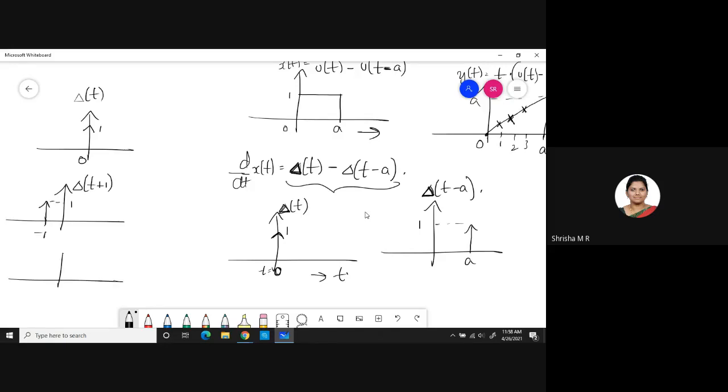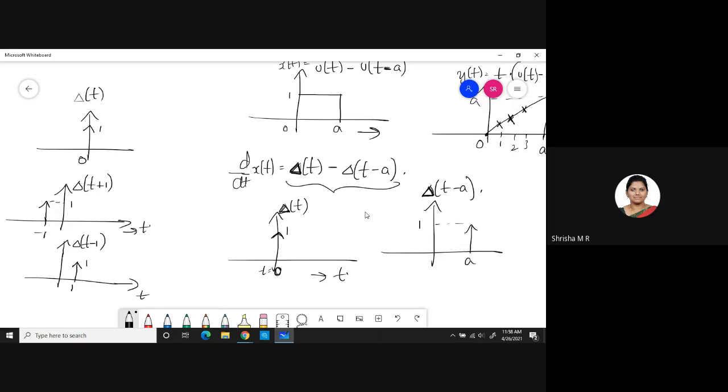So what about delta of t minus 1? Don't confuse it with the signal. So in delta of t minus 1, where will the signal exist? At +1, with an amplitude 1. Correct?